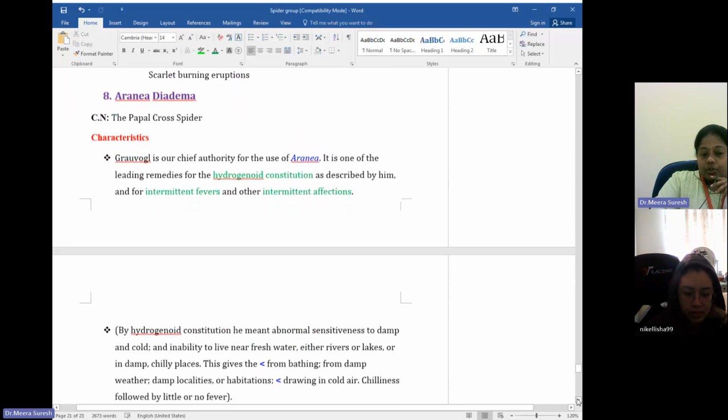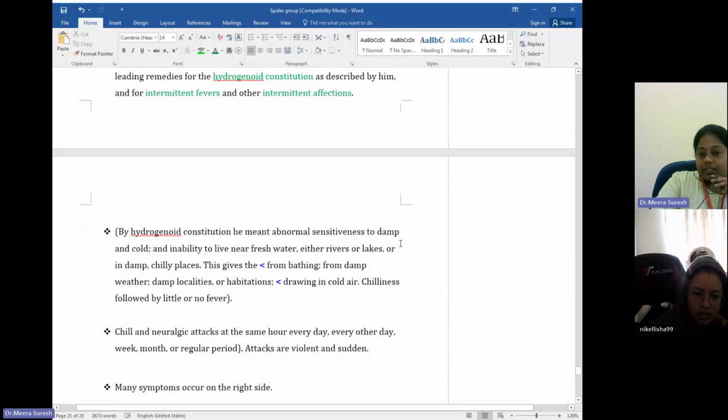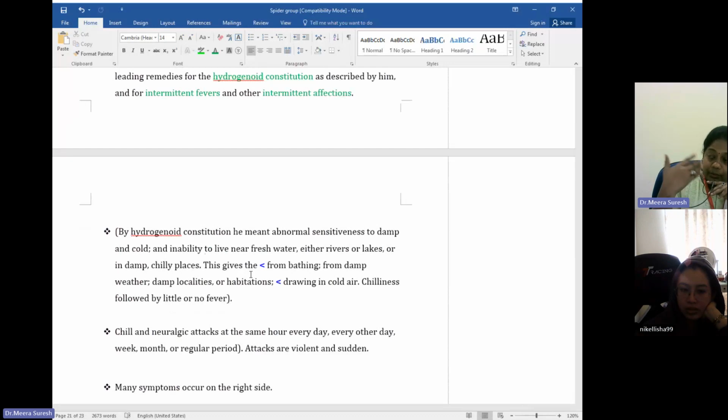And here, when we say hydrogenoid constitution, it means there is abnormal sensitiveness to cold and dampness. The patient can't live near freshwater, lakes, rivers, etc. They can't have any fish or any living material from the river or any water body, be it vegetable or non-vegetable, that is going to aggravate their symptoms or produce complaints for them.